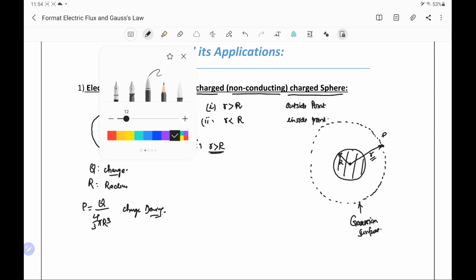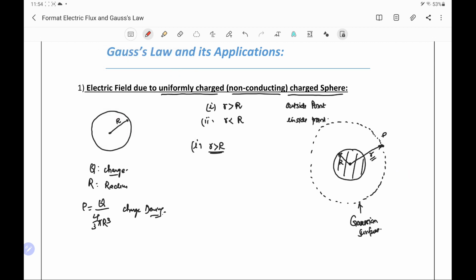Now we check the direction of field and surface area to apply the Gauss law. At the point P, because distribution of charge in the non-conducting sphere is uniform, it is symmetric for each point on the Gaussian surface, and the field will be radially outward.